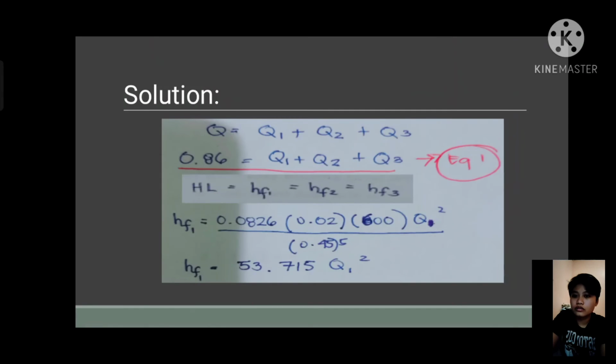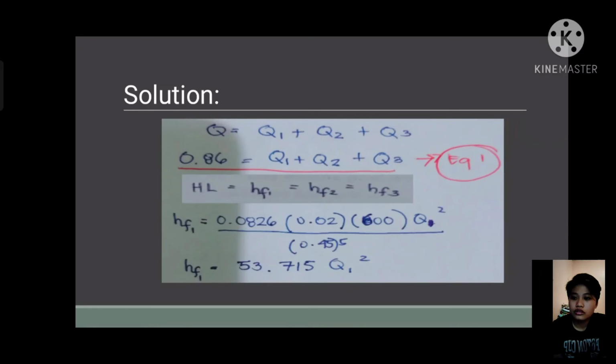So we can have an equation of 0.86 equals Q1 plus Q2 plus Q3. So we all know that head loss is equal in each pipe. So HF1 is equal to HF2 as well as HF3. So first, F is given, so we're gonna use the Darcy-Weisbach formula. So everything needs to be in terms of discharge because of our equation 1.